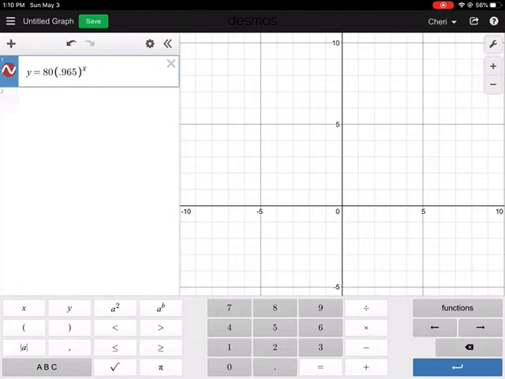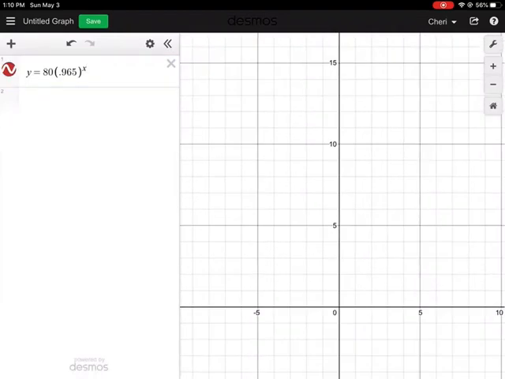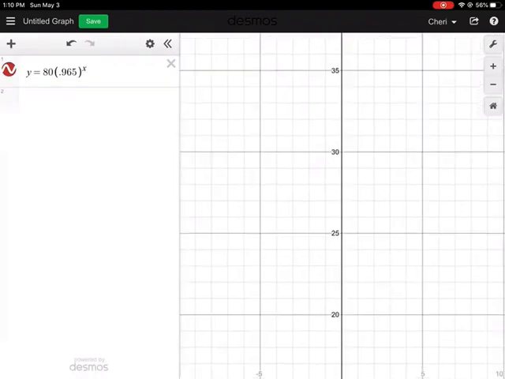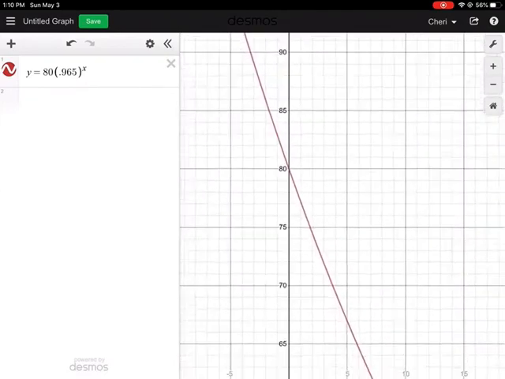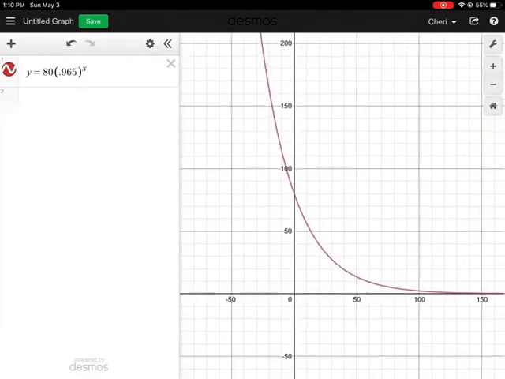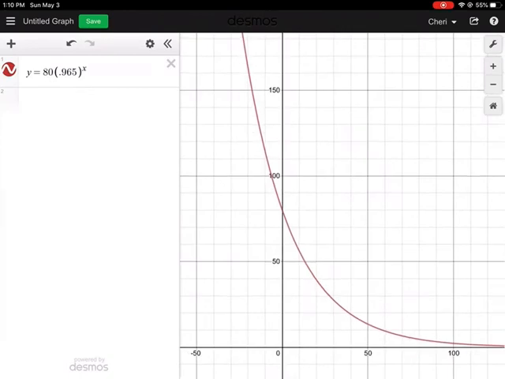We're just going to put our x up there. It's not showing up here because our y-intercept is all the way up at 80. So let's scroll all the way up. There it is. I'm just going to pinch this down. So here is our graph. It crosses the y-axis at 80.